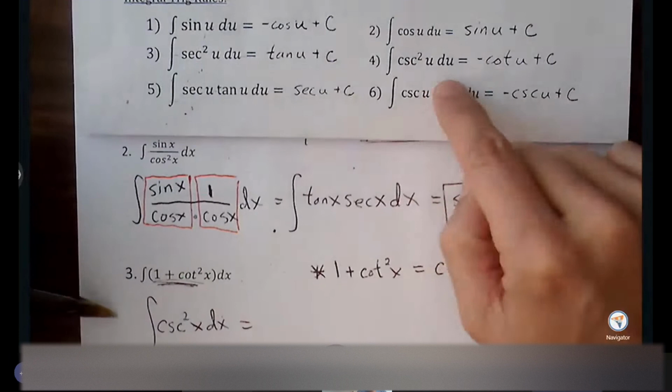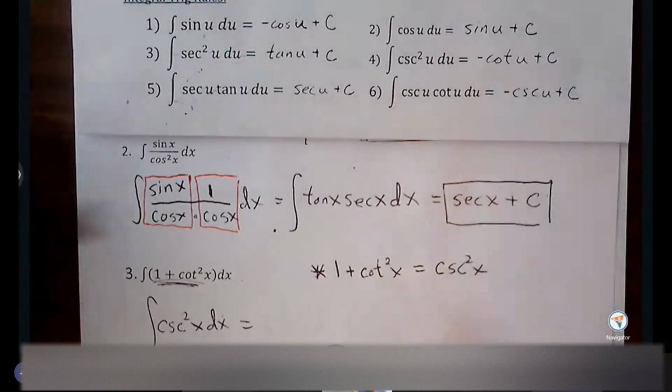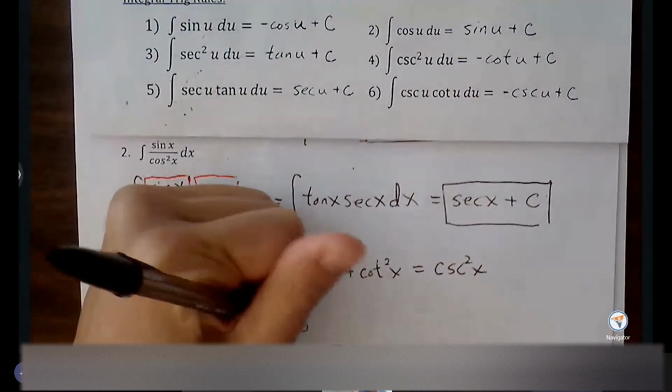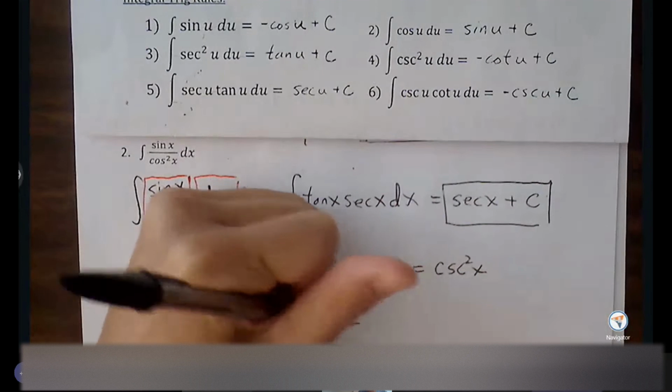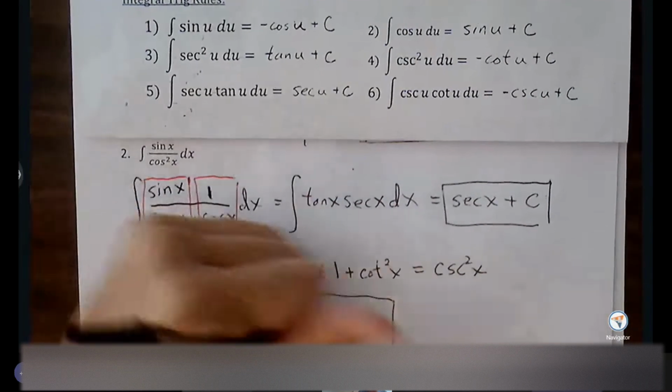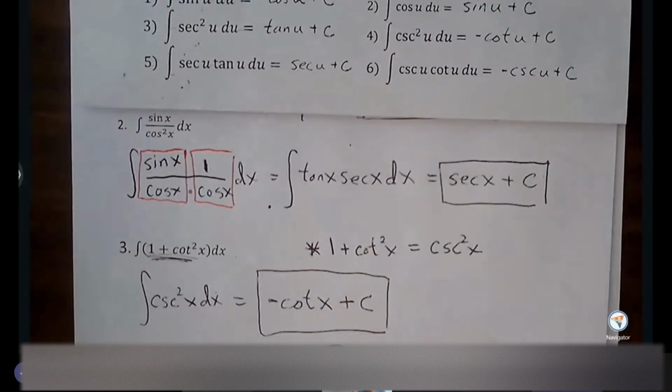And we do have a rule for cosecant squared, which is negative cotangent. Okay, questions here?